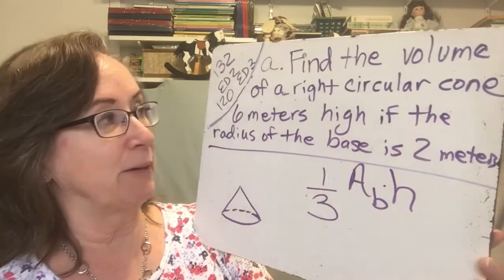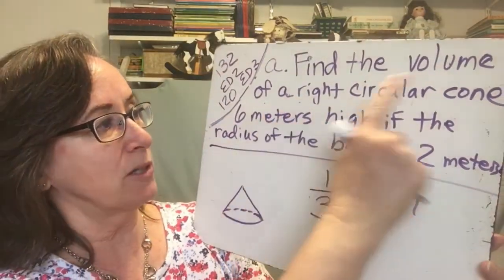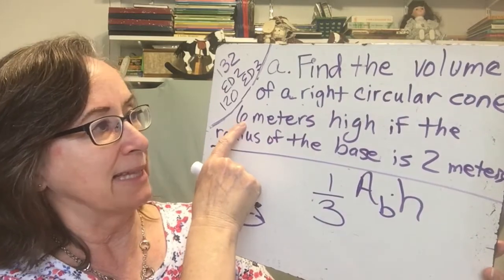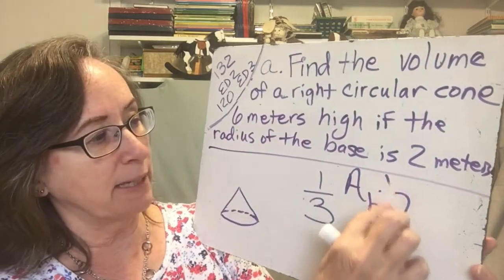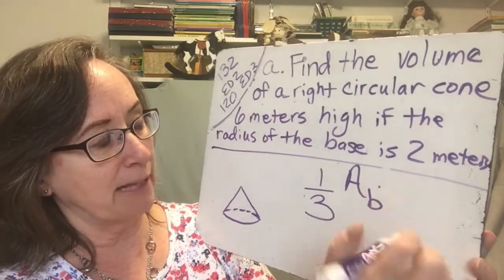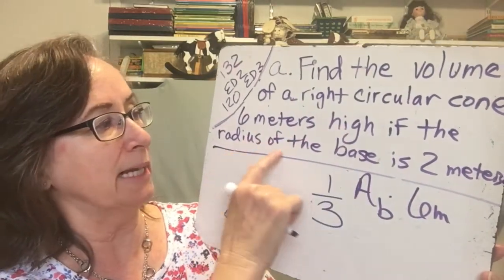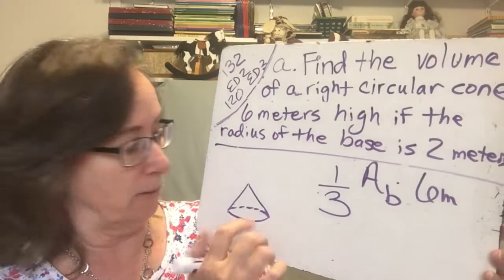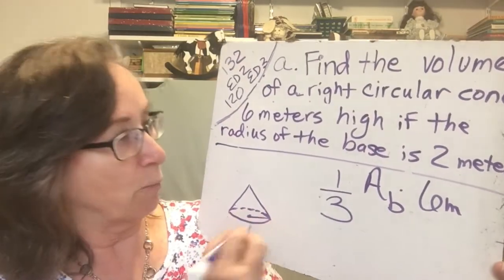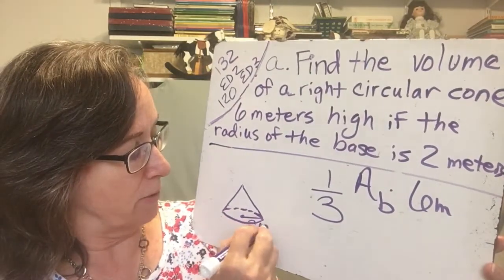All right, so now we have a right circular cone that is 6 meters high, so we can take the height and make it 6 meters. And the radius of the base, which is a circle, is 2 meters.